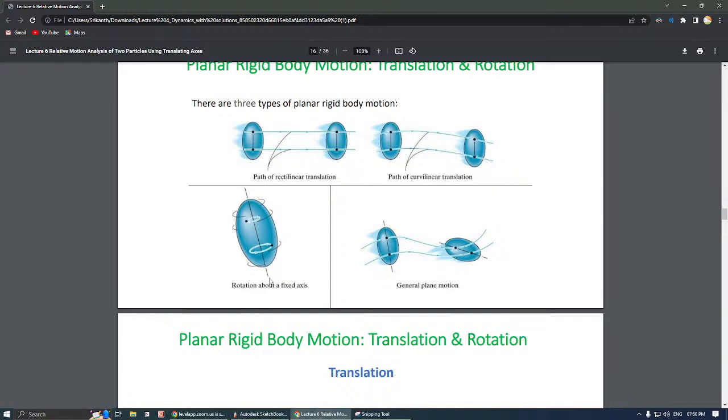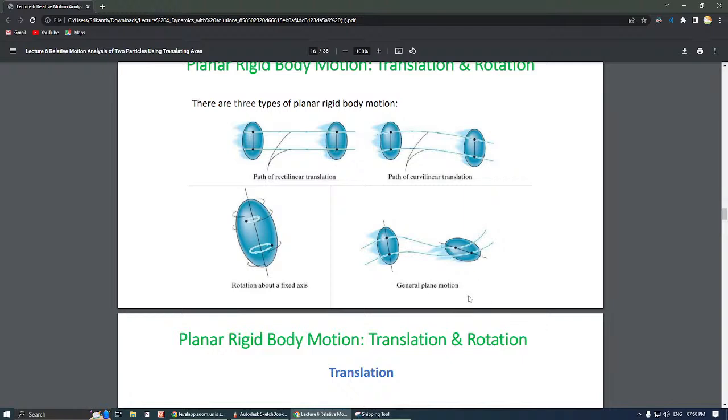This kind of motion is called fixed axis rotation or pure rotation. Above the line we have pure translation, and on the left side below we have pure rotation. In some cases, both will change. The object will rotate, orientation will change, and also the object is displaced from one point to another. Such kind of motion he is calling general plane motion.